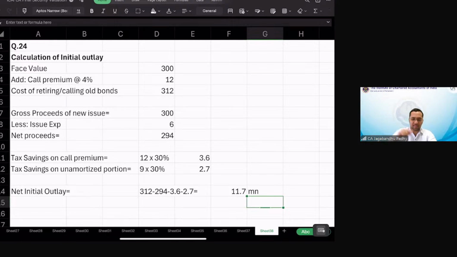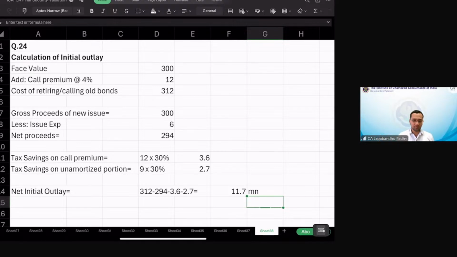That is what we have over here as the unamortized. So 9 crore was the unamortized portion, which hasn't yet been claimed with income tax. So we are taking a tax saving of that. Okay. Because when the bond is being bought back, we don't want that issue expense to be left. So that will be written off.